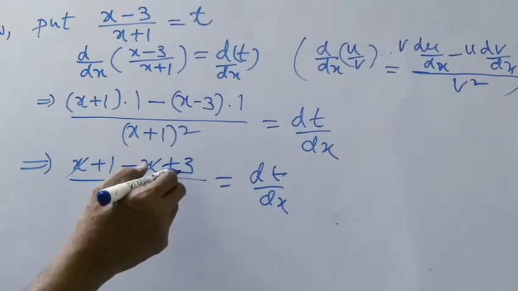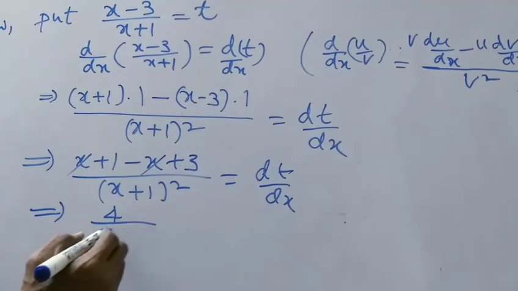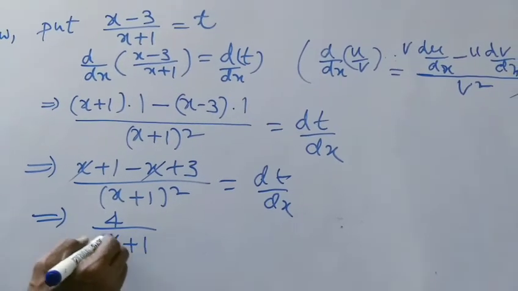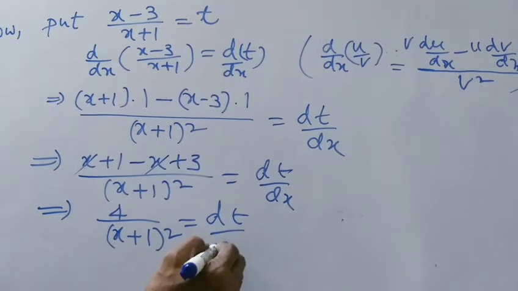So 1 plus 3 is left over, 1 plus 3 becomes 4. It becomes 4 by (x plus 1) whole square is equal to dt/dx.